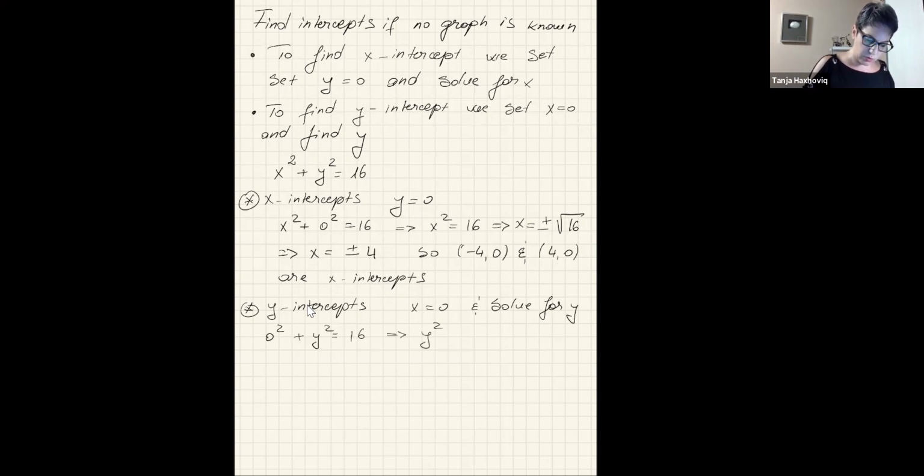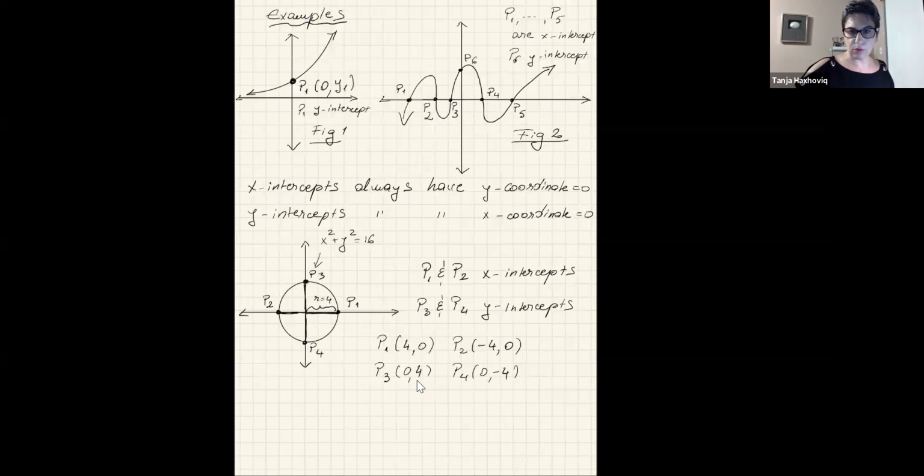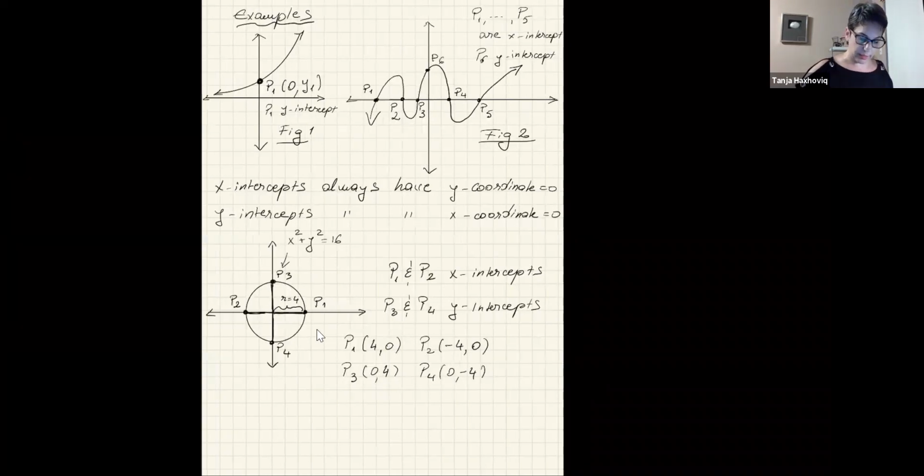This means that y squared is equal to 16, which means that y itself is equal to plus or minus the square root of 16, or plus or minus 4. So the y-intercepts, since I know the x-coordinate for those is 0, will be the points 0, minus 4 and 0, 4, and that corresponds with the points that I got when I knew what the graph looks like.